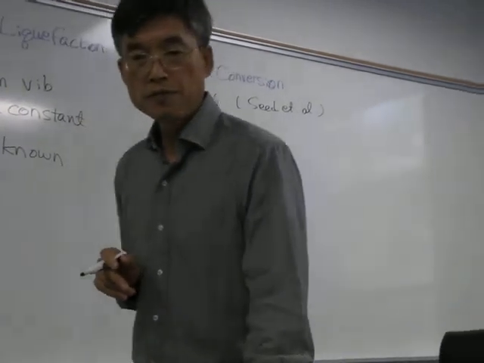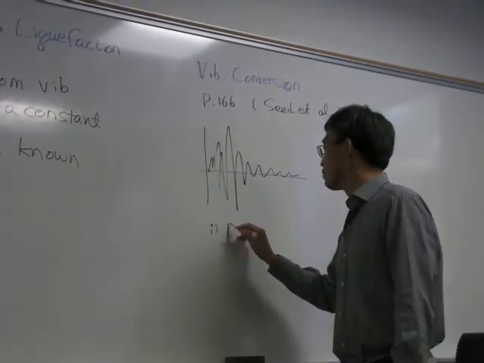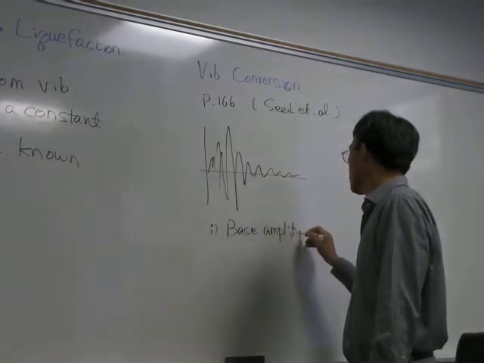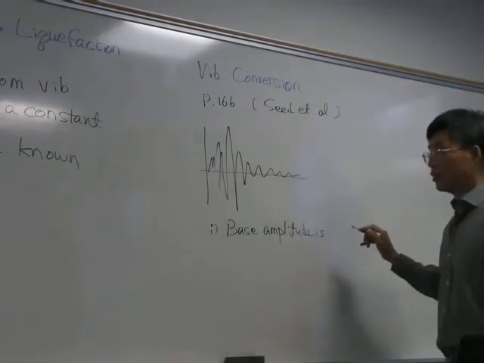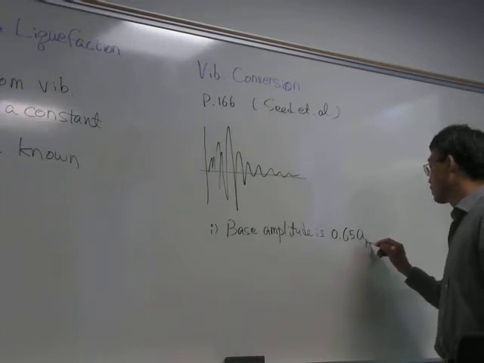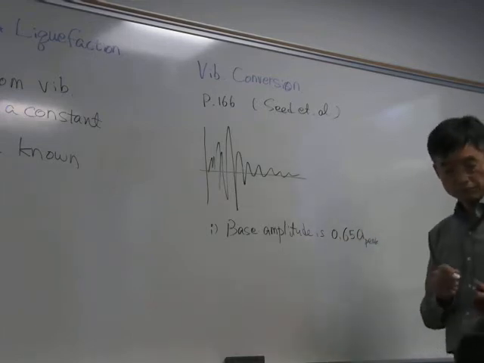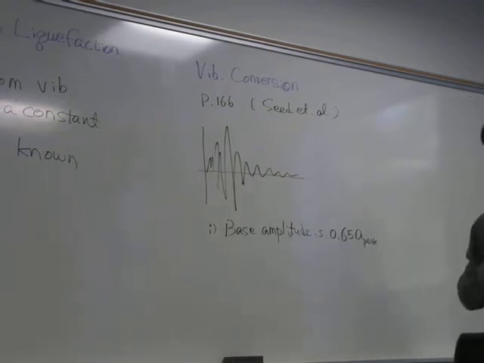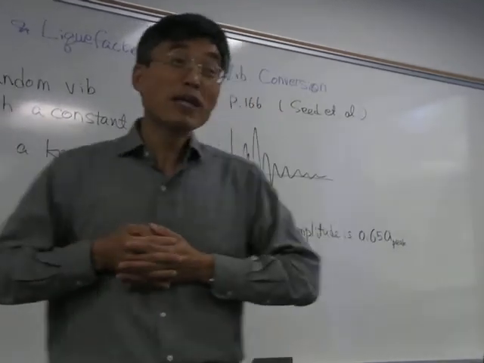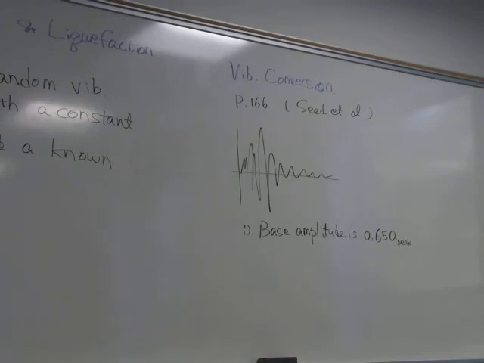Rule number 1 is base amplitude is 0.65 peak acceleration. Bless you. You got my blessing, so you have to tell me why we picked 0.65 peak acceleration. Why not just the peak acceleration? Be conservative.